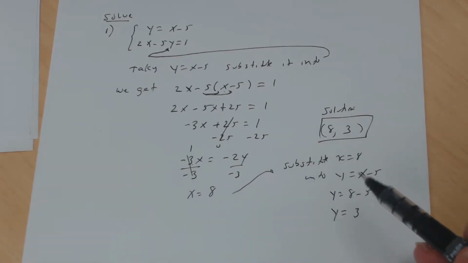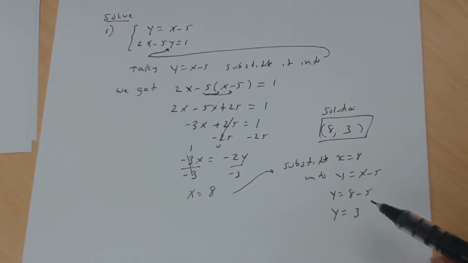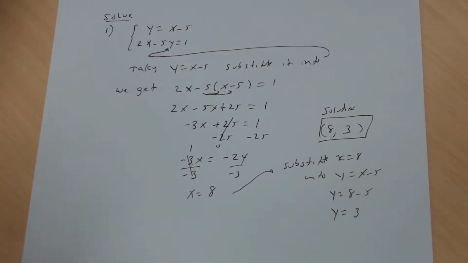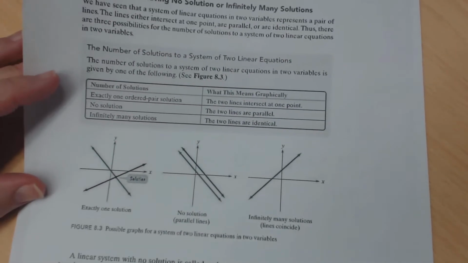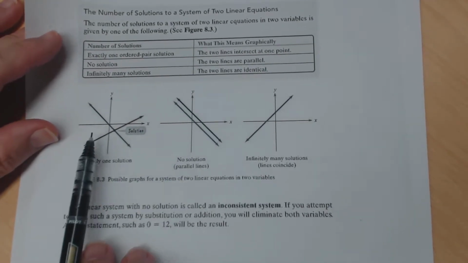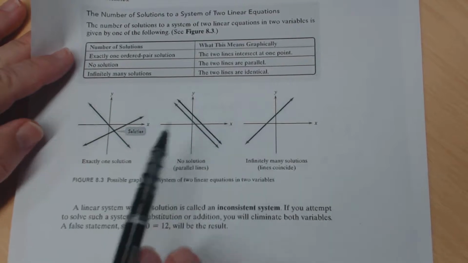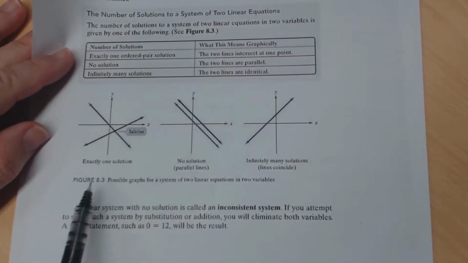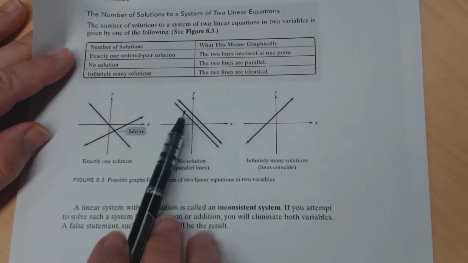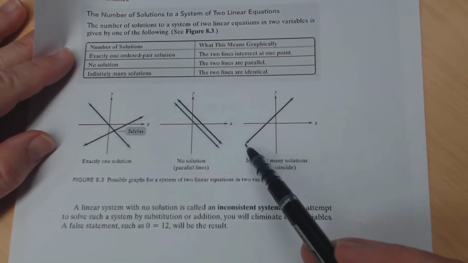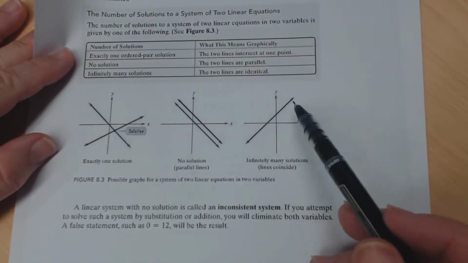All right. Now, let's kind of review something as well. So remember, in the first part, we talked about the fact that when we talked about graphing, if the two lines intersect at one point, we talked about what happens if the lines are parallel, and then we talked about the fact that if the lines coincide.